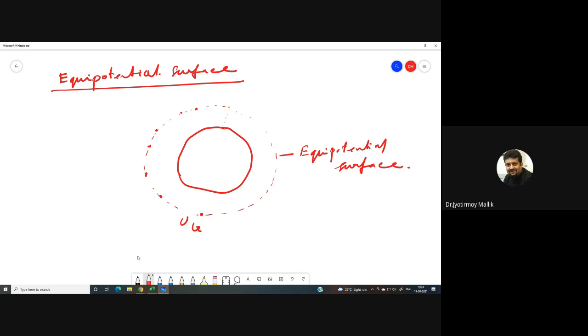Okay, now tell me, suppose this is R1, this is R2, this is R3, this is R4. How many of you think R1 will be equal to R2, equal to R3, equal to R4? You know what I want to say?